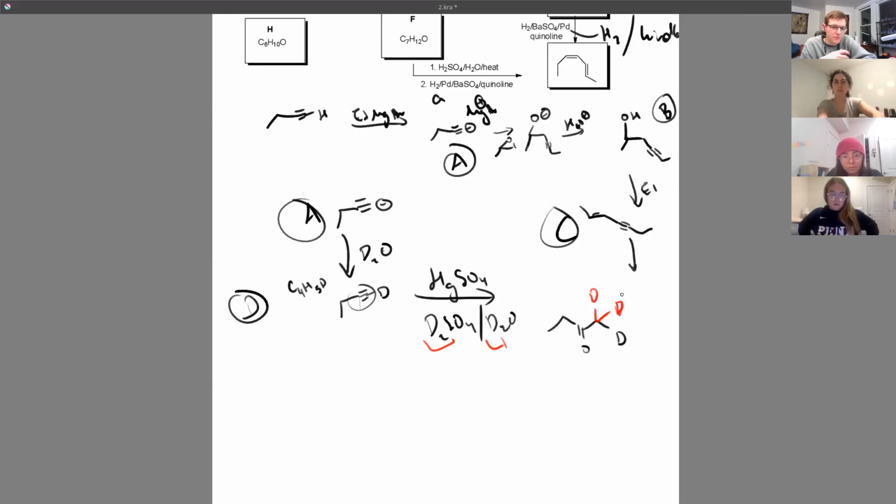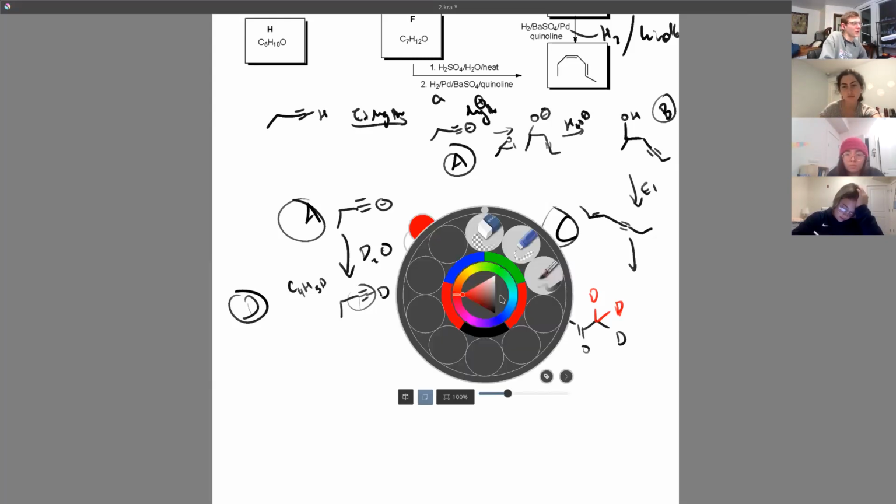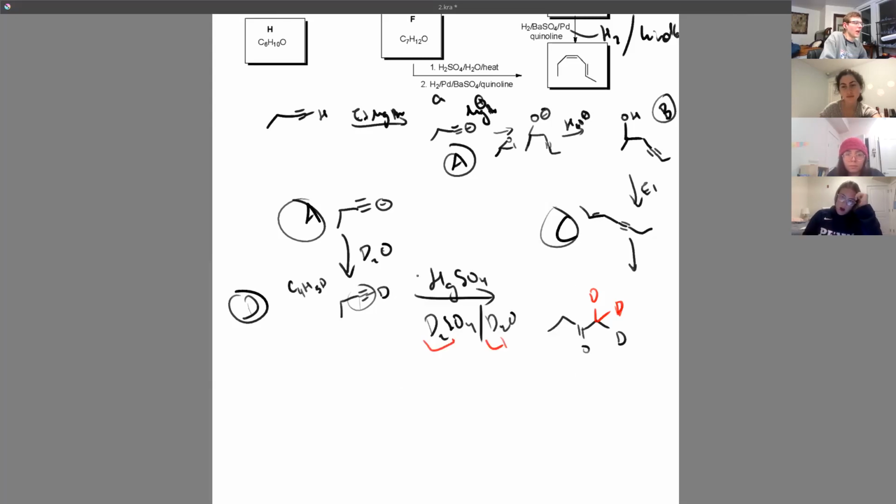Would this molecule, sorry to interrupt, would it be subject to tautomerization, like maybe having an enol if you had the double bond between the carbon and the other carbon with the deuteriums on it? Yeah, exactly. So this actually does go through a keto-enol tautomerization.